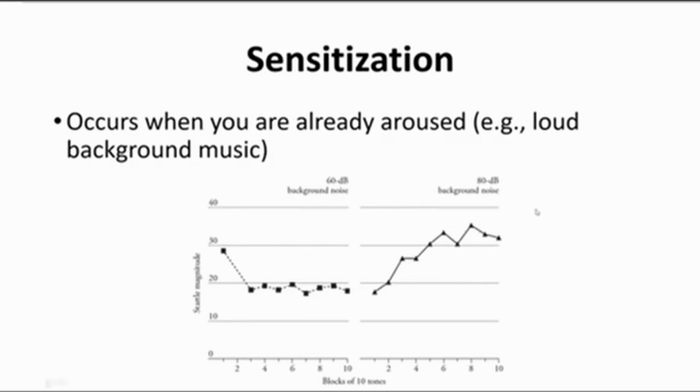So a louder environment makes it harder to pick up on a predator. At least that's my thought behind it. But in this case, we see that they may have habituated to that particular tone, but when the background noise is louder, instead of staying at sort of low levels of responding here, their startle magnitude will actually increase.